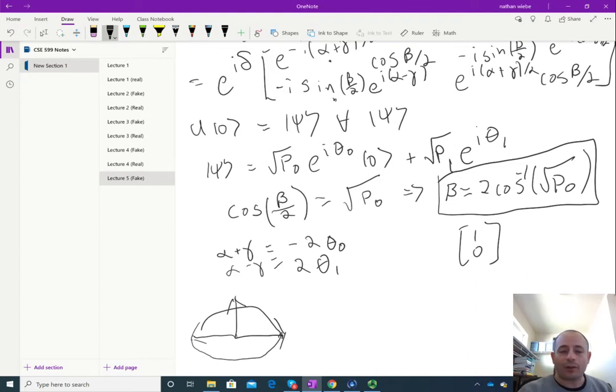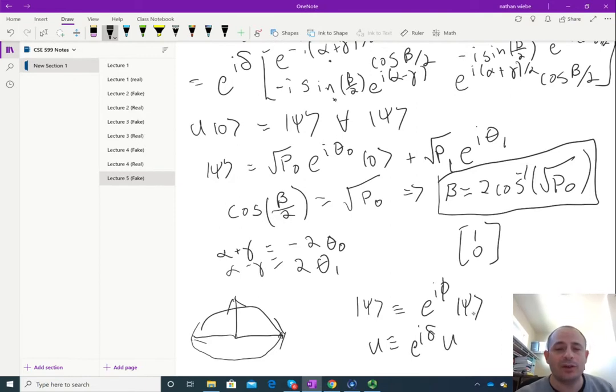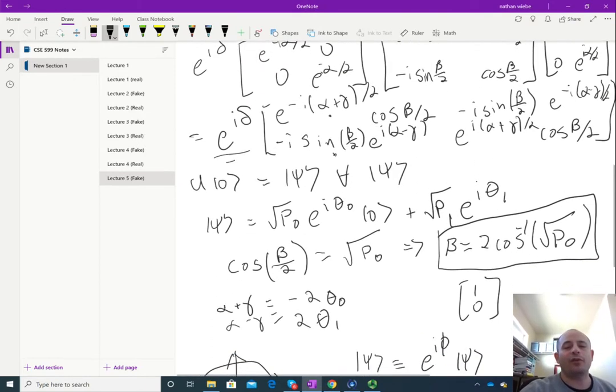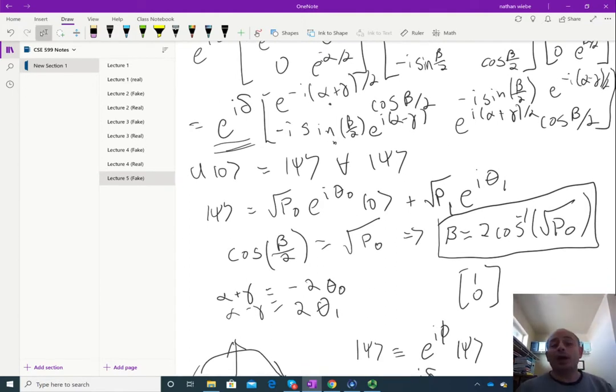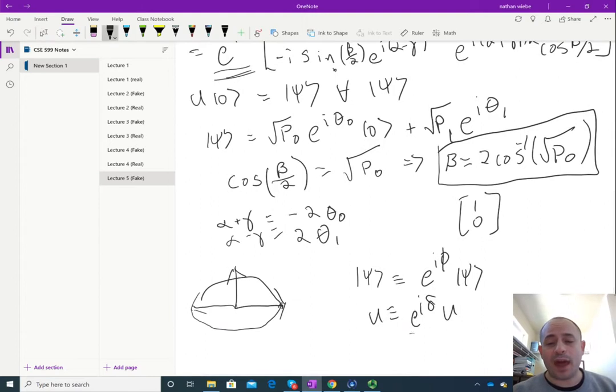However, all vectors are equivalent up to a global phase in quantum theory, i.e. psi is equivalent to e to the i phi psi. And similarly, U is equivalent to e to the i delta U, which is why we have this first term over here, to make sure that we have enough freedom to set algebraically the overall phase to match whatever this thing is over here.